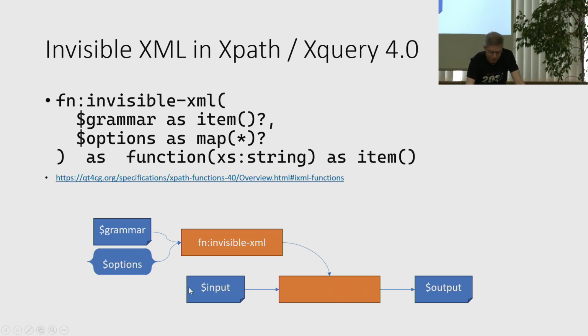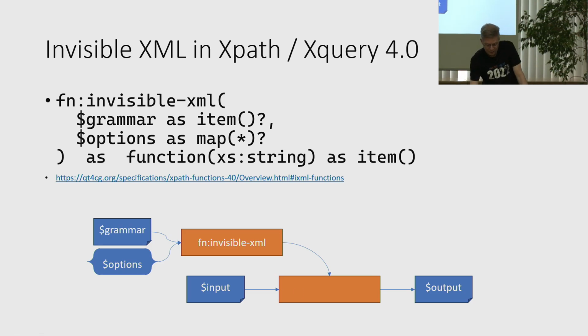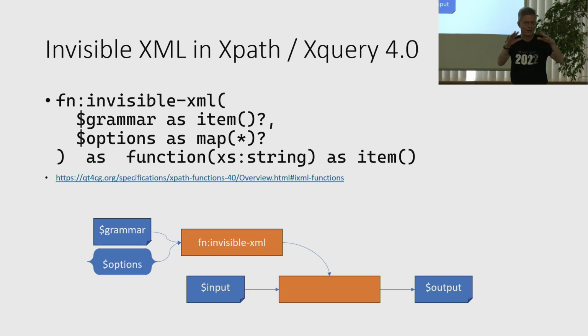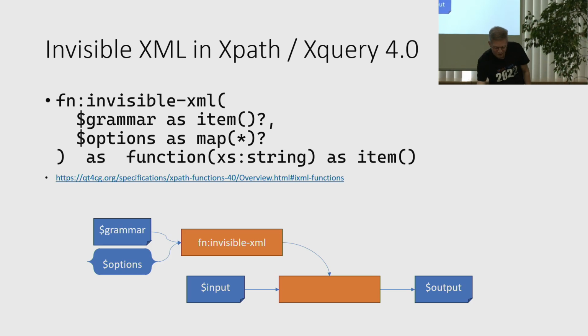And that takes a string, just a piece of text, which it will parse. And then the output is hopefully a structured XML document indicating how the input text was parsed. It could also be a parsing error. That's why it says it's an item. It's not just an XML element with all the parsed content, it could be an error message.